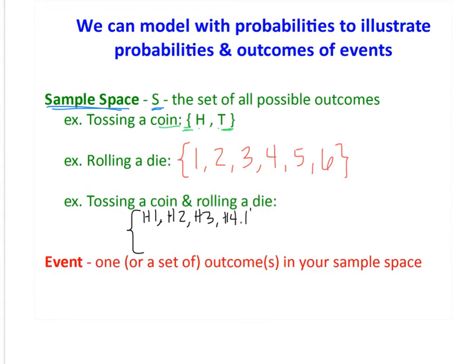So we write these outcomes in my sample space, and we just separate them by commas. So I would keep going. Tails and a 6, and there we go. So there's a total of 12 events in that sample space, and an event is just one of the outcomes. So in this sample space of tossing a coin and rolling a die, there were 12 different outcomes, and we call those outcomes an event.